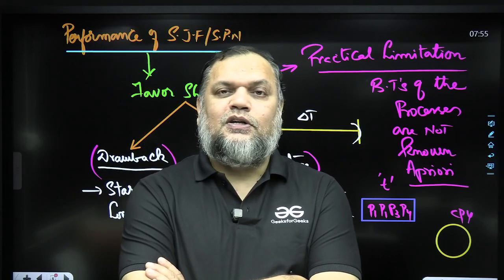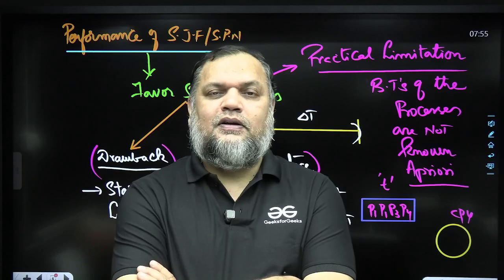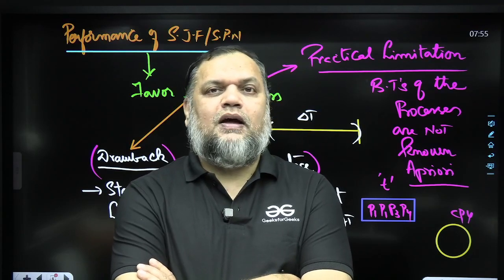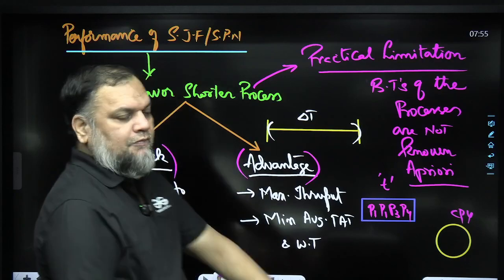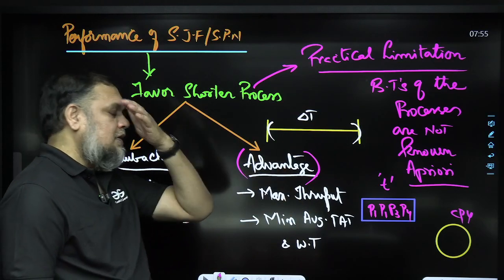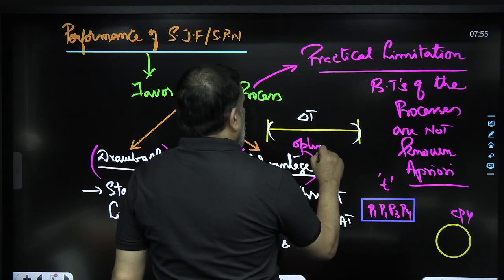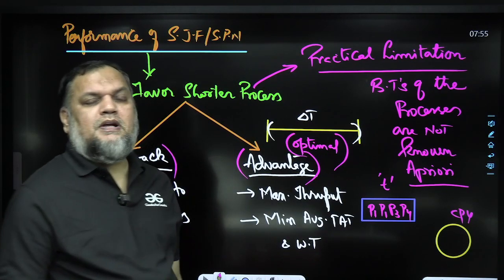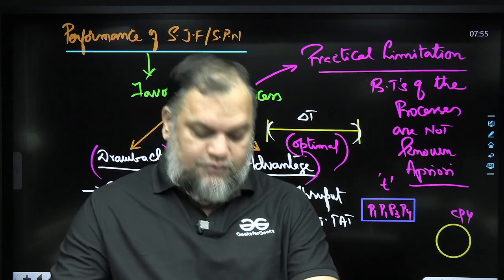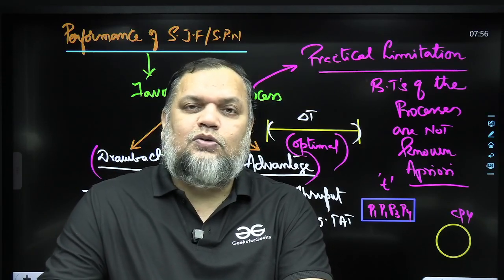Then the question is, why do we have shortest job first when it is not practically implementable? There are two reasons for having shortest job first. Number one, as we have theoretically proved, it is the ideal, optimal algorithm. Since it is an optimal algorithm, it is used as a benchmark to measure the performance of other algorithms, to find out which algorithm's performance is closer to shortest job first.